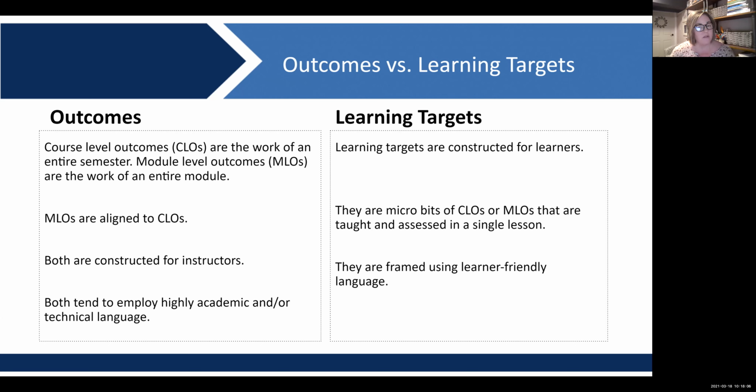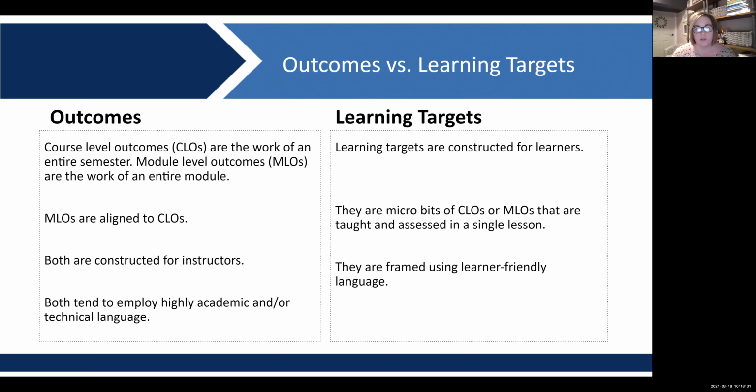Both of these kinds of outcomes are constructed for instructors' use primarily and shared with learners who may or may not struggle to understand them, because most of the time these outcomes employ highly academic or technical language that's difficult for some to understand. Learning targets are a different thing.